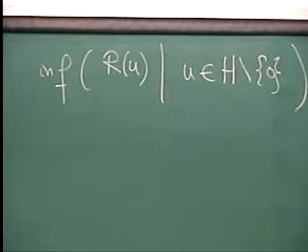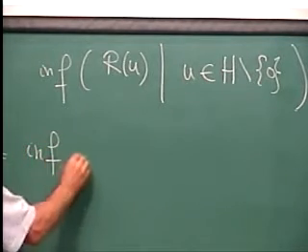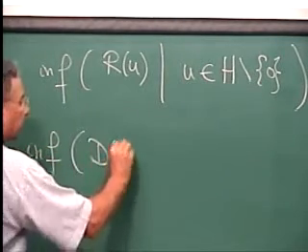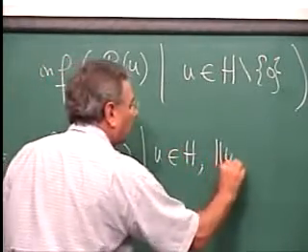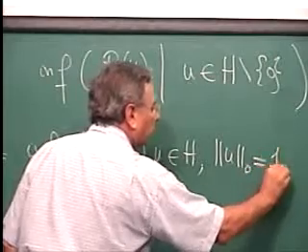Okay? So it turns out that that's the same thing, of course, as looking for the infimum of the Dirichlet integral for functions in H with L2 norm equal to 1.